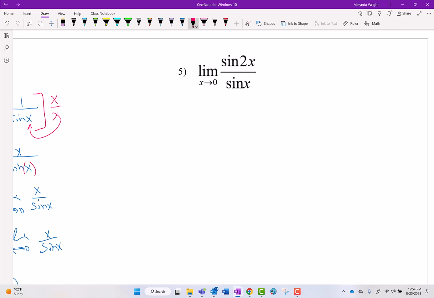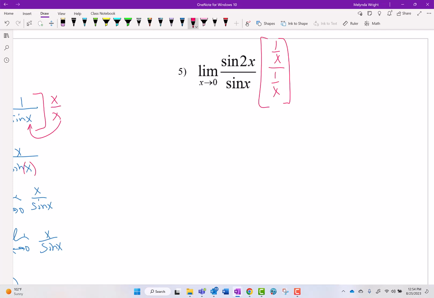Okay, so I multiplied this by 1 over x over 1 over x because I wanted to get x under both of those signs. That's what I did. There's another way to do it that's probably easier, and that is using the double angle for sine.